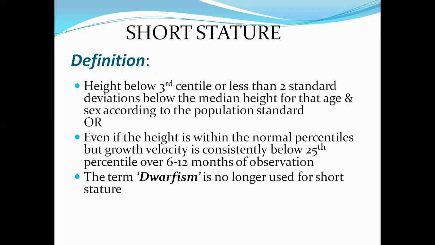Or even if height is within the normal percentile, but growth velocity is consistently below the 25th percentile over a 6 to 12 month period of observation, that is also called short stature. The term dwarfism is no longer used for short stature. It is now obsolete.